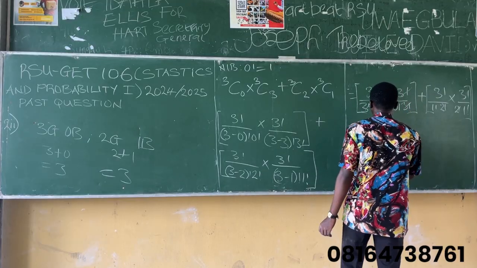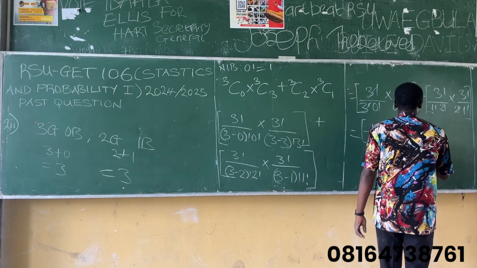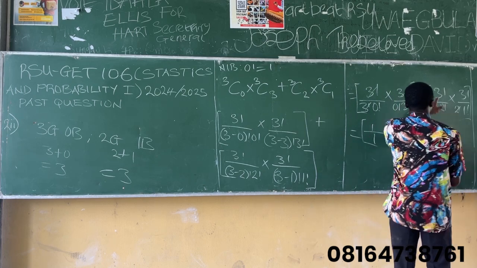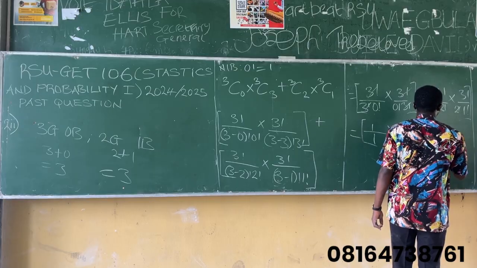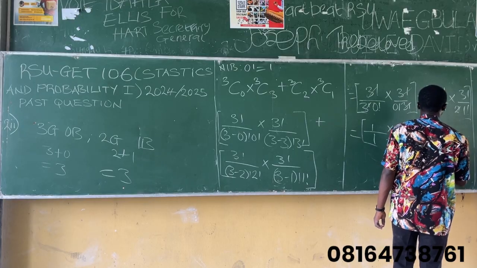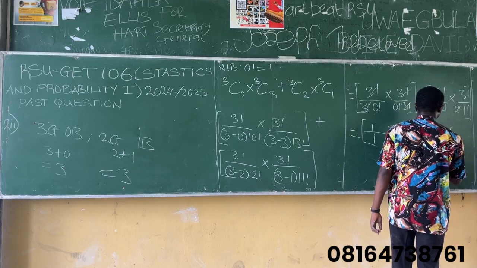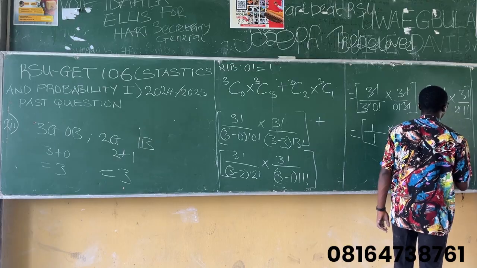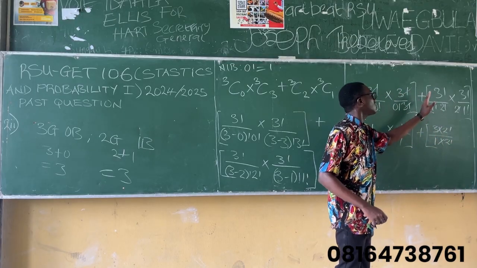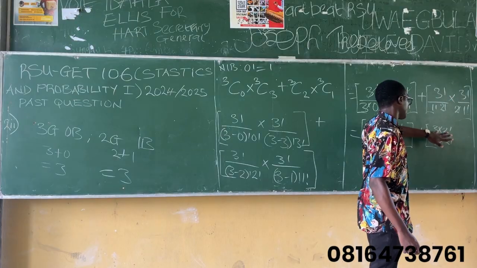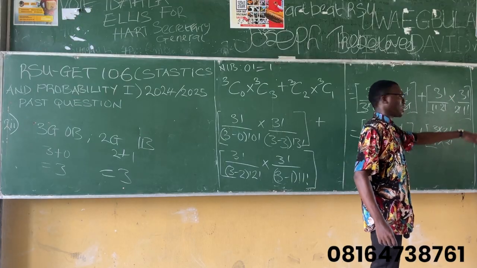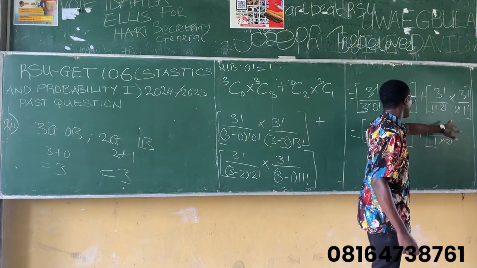0 factorial is 1 once again, plus 3 factorial, like I stated earlier, is 3 multiplied by 2 factorial divided by 1 factorial is 1 multiplied by 2 factorial, because 3 factorial is 3 times 2 times 1. So we can just take 3 factorial as 3 multiplied by 2 factorial, which is 2 times 1, so that these 2 can cancel out.